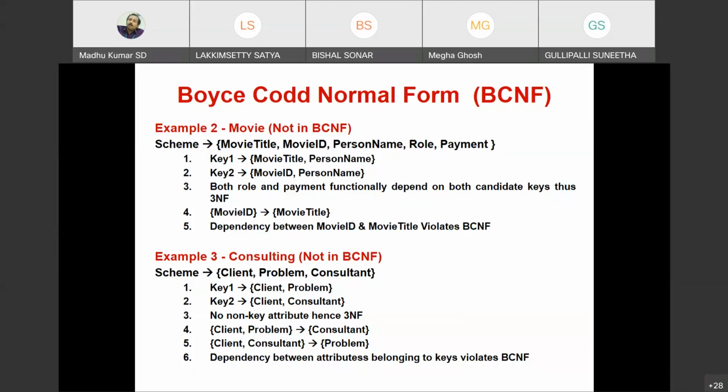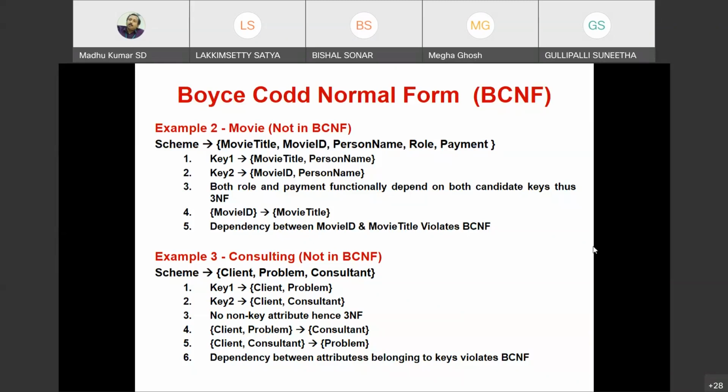What is the condition for a relation to be in BCNF? Rahul Moharana. What is the condition for a relation to be in BCNF? His mic is also not working or is not there.